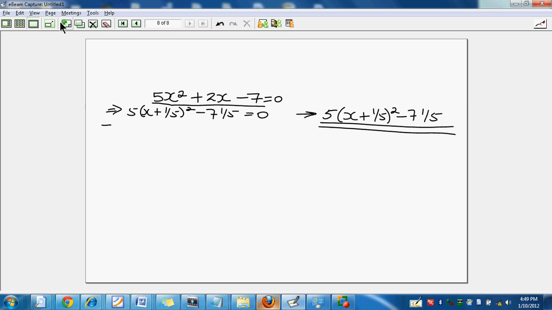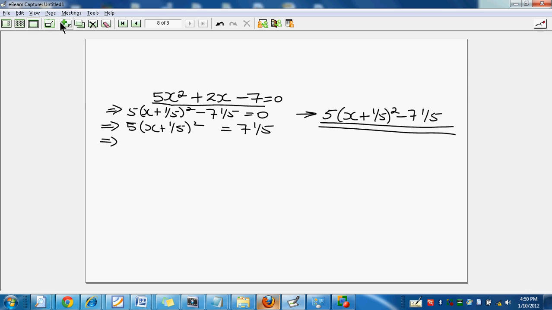Well, the way that we did it in the last session that we looked at this was we said 5 into open bracket x plus a fifth squared would therefore be equal to 7 and 1/5. How did we do that? We add 7 and 1/5 on this side and we add it on this side. The next thing we'll do is divide on both sides by 5.